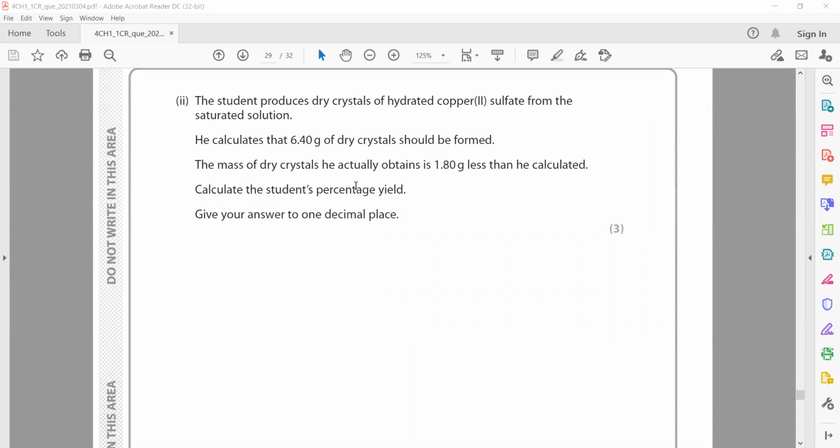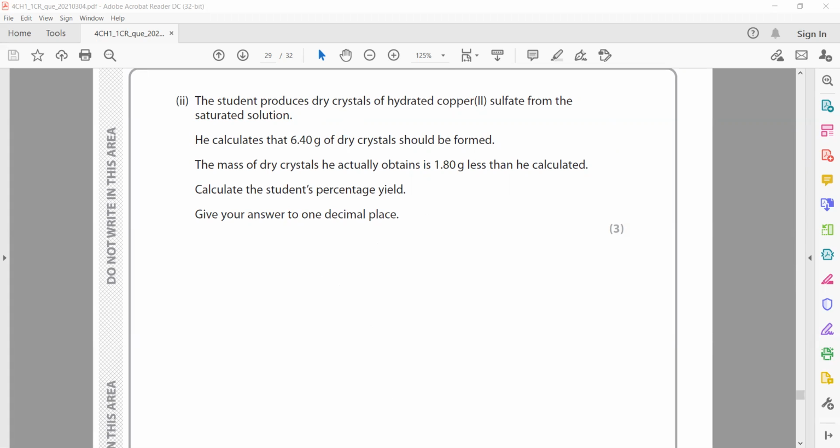The student produces dry crystals of hydrated copper sulfate from the saturated solution. He calculates that 6.4 gram of dry crystal should be formed. The mass of the dry crystal he actually obtained is 1.8 less than he calculated. Calculate the student's percentage yield. Percentage yield is the practical value divided by the theoretical value times 100.